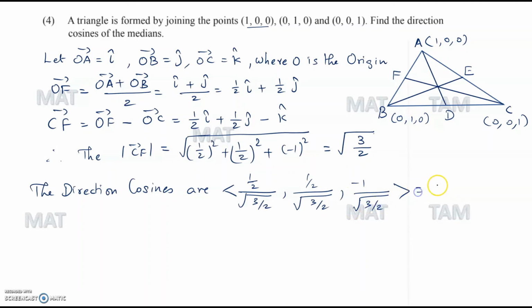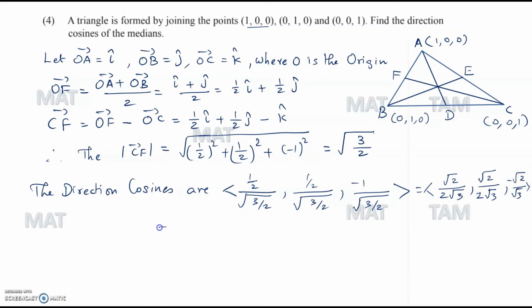So further simplifying this, we can say this is root 2 by 2 root 3, root 2 by 2 root 3, minus root 2 by root 3.